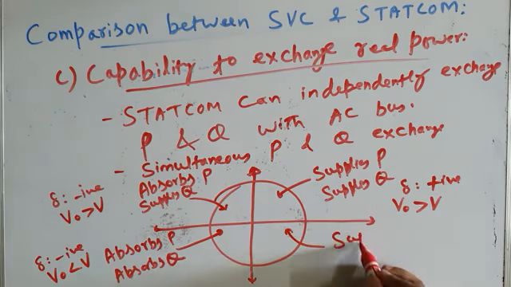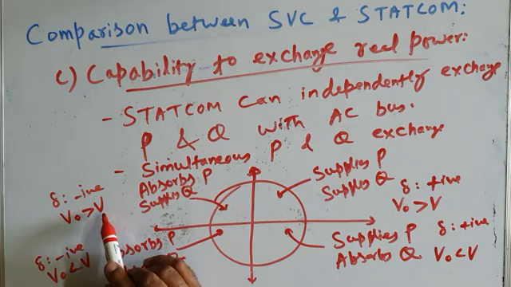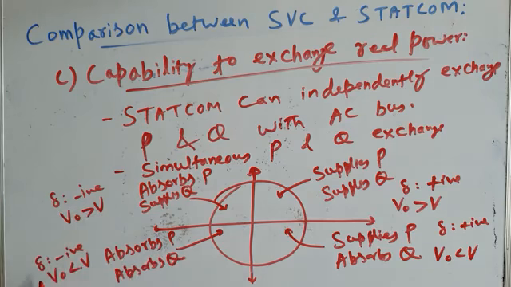And your STATCOM can absorb active power and supply reactive power if delta is negative and V0 is greater than V. On the other hand, if delta is negative and V0 is less than V, your STATCOM can absorb active power and absorb reactive power as well. And if your controller makes delta positive and V0 less than V, your STATCOM will simultaneously supply active power but absorb reactive power. So this gives 4-quadrant operation of STATCOM.